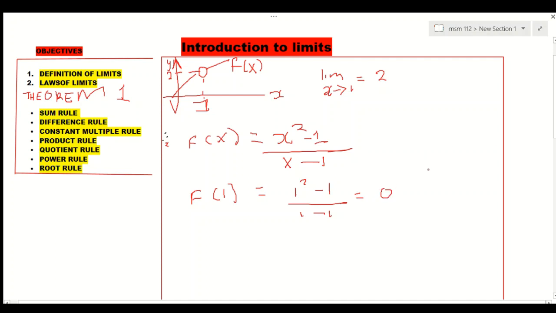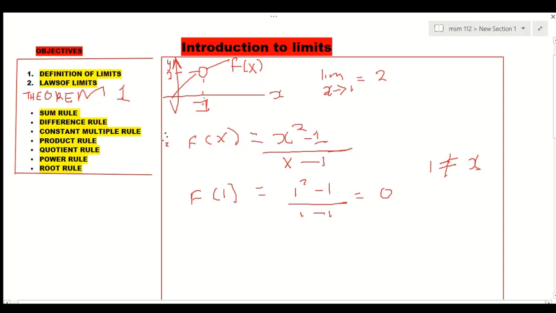So 1 does not equal the x value. No wonder that circle there is not closed, meaning x is not equal to 1. When you put 1 there, the function is undefined. You've seen?